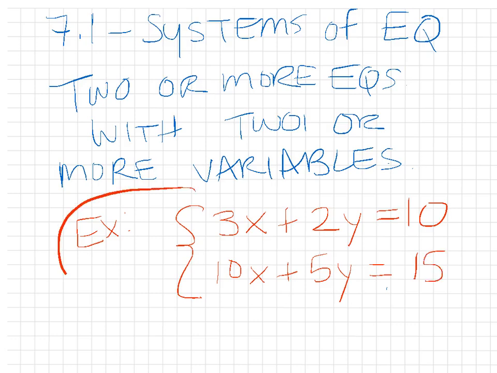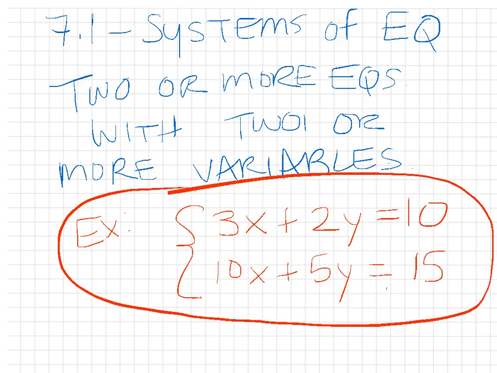This right here is your example of a system. You've got equation 1, equation 2, so two or more equations, an x and a y, an x and a y, two unknowns. So the process today is we're going to be figuring out what x and y are, and we're going to do that by graphing.